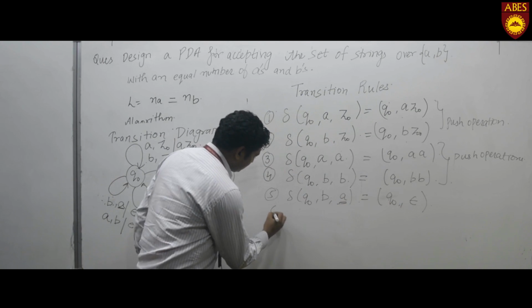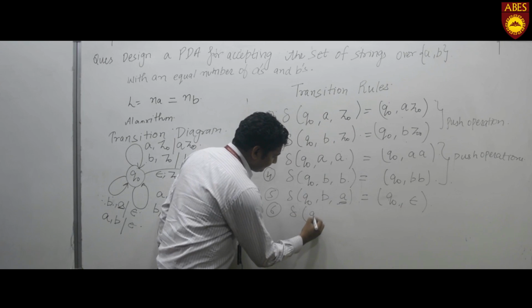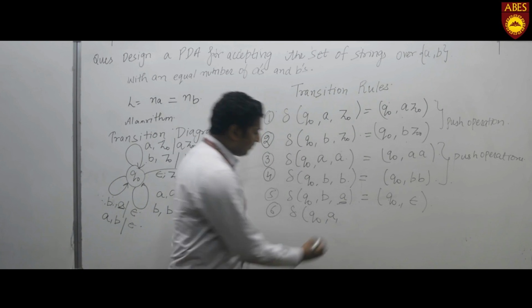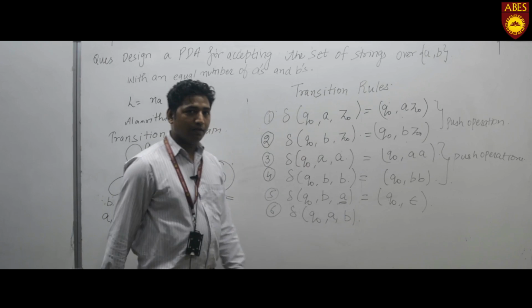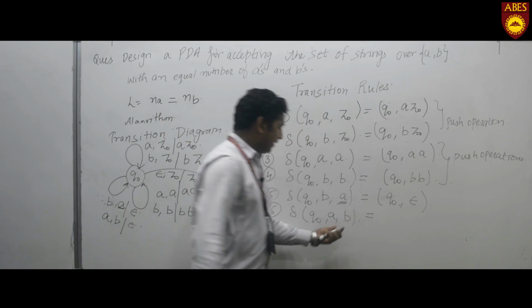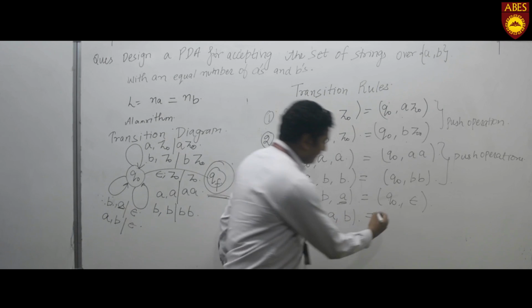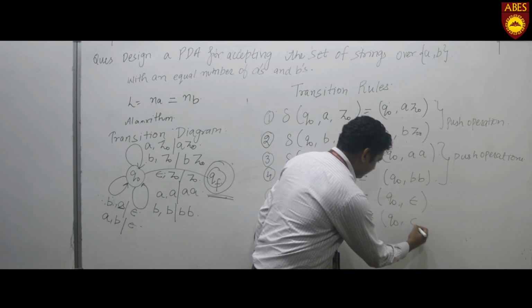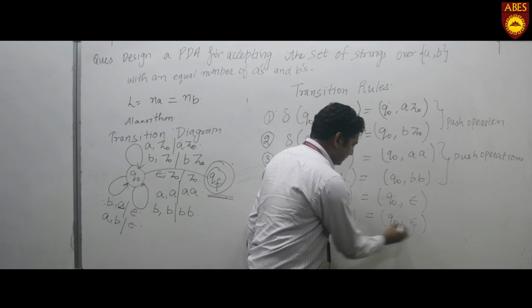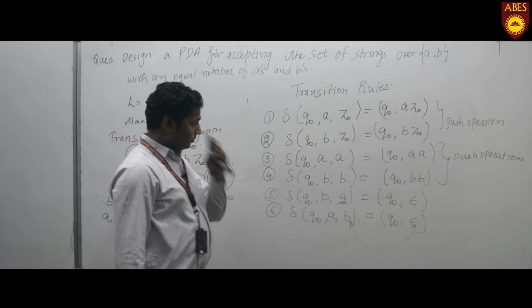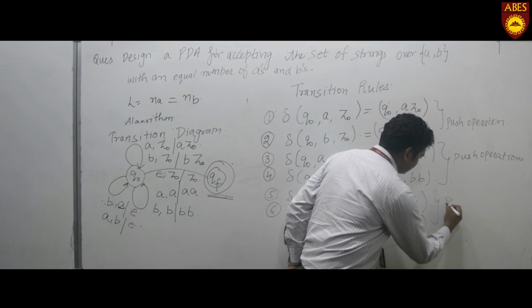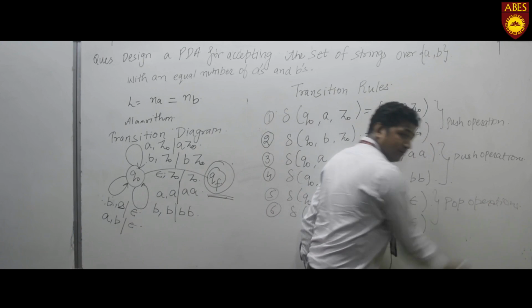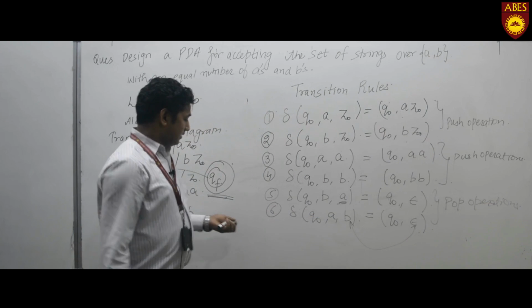Another condition, the sixth condition, is that we are on state Q naught and input is A and stack top is B. So what we will do, we'll remove this B from the stack. So we have the transition Q naught and B will be replaced by this epsilon. So these two are the pop operations.